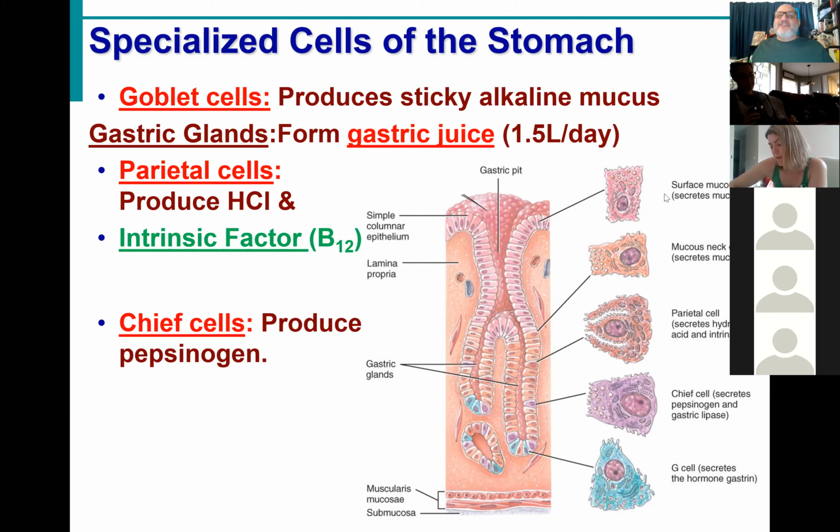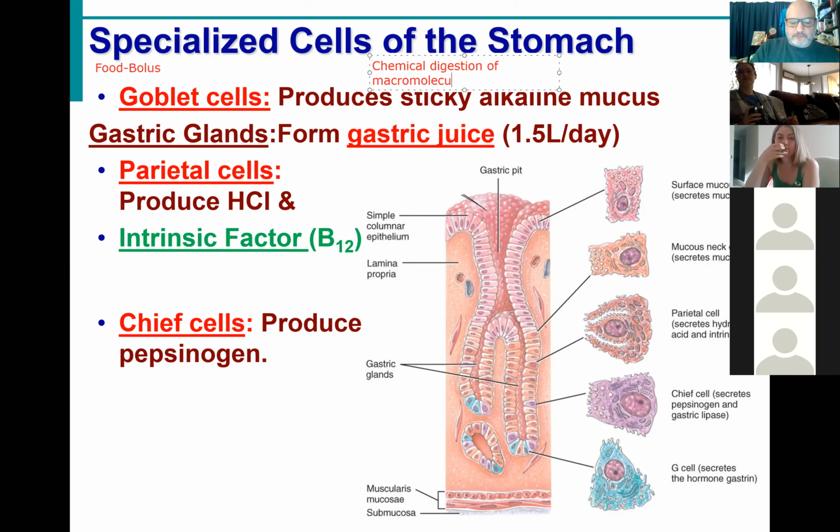It's another thing we should be thinking about. Not only are we talking about the different iterations of food, again, we've gone from food to bolus, and we're continuing that process, but we should also start thinking about when the chemical digestion of our macromolecules occurs.